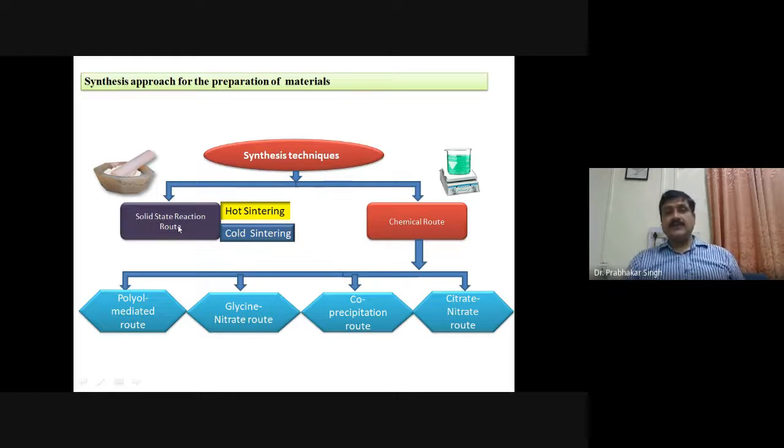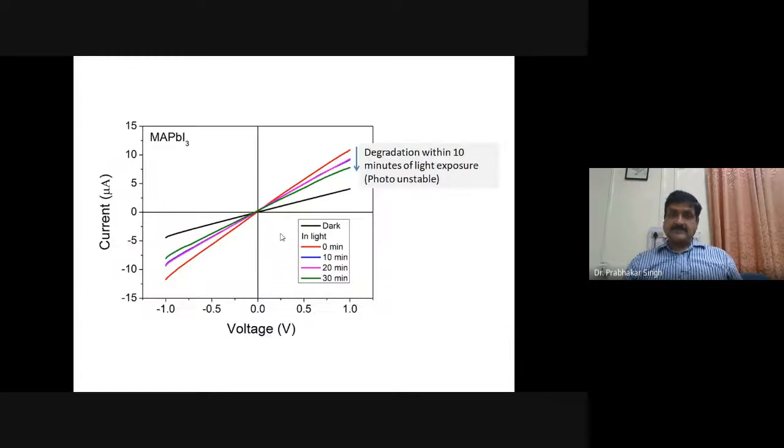In our lab we prepare the samples through a simple method, the solid state route, and we do cold sintering, which means it is sintered at room temperature. For example, I took MAPbI3, the organic absorbing material for the solar cell.